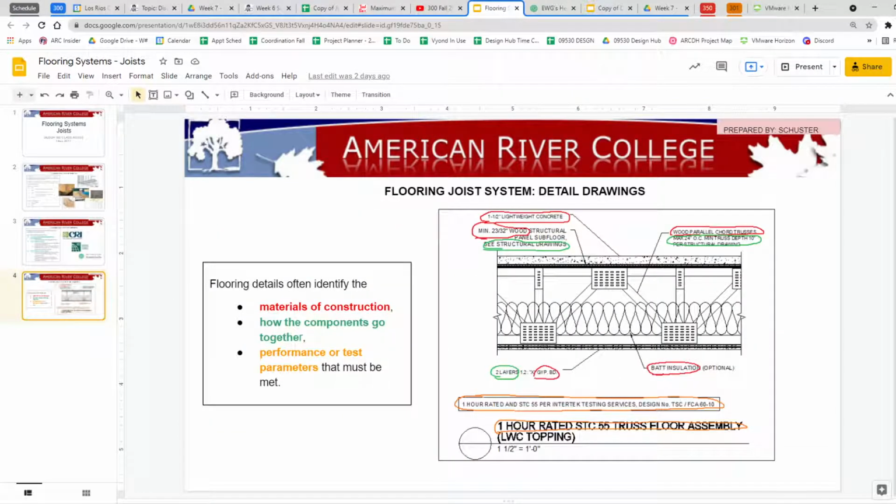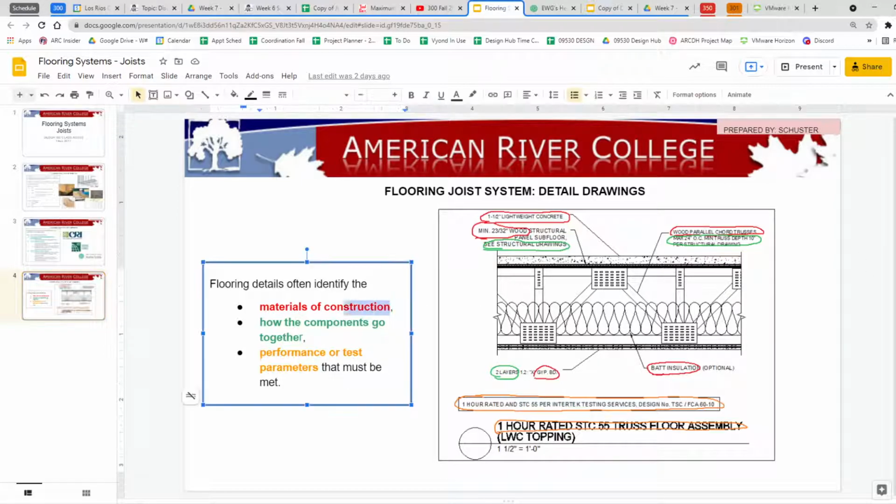Okay, so our last thing for today is to talk about detailed drawings. And I think this is pretty self-explanatory. Details often tell you the materials of construction. Notice there aren't any dimensions on here because it's not about the specific design dimension.